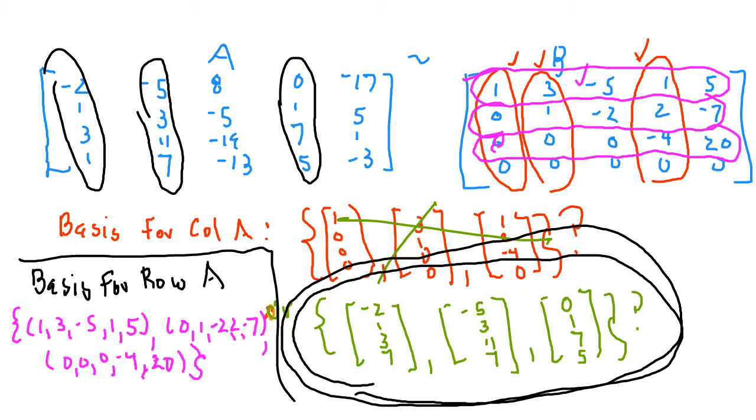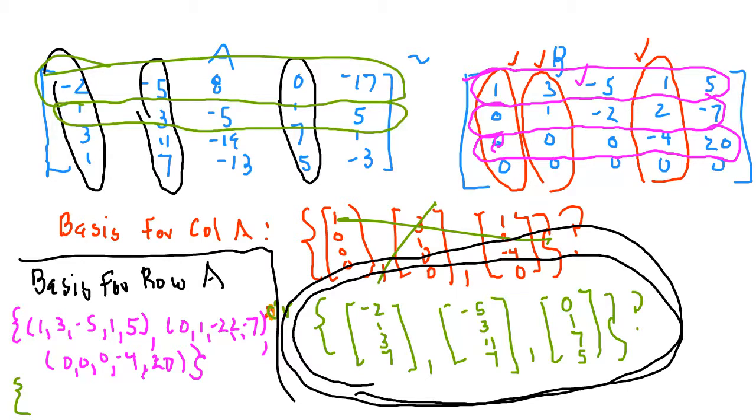Now, a second answer for the row space would be this. You could go and look here and choose the rows that correspond to the first 3 rows over here. So a second acceptable answer would be this.